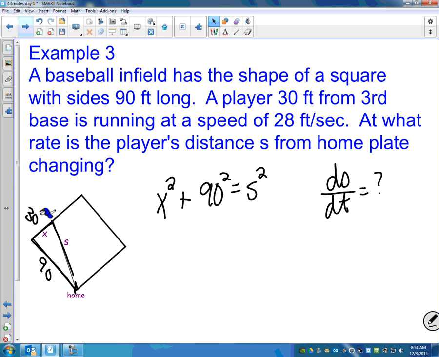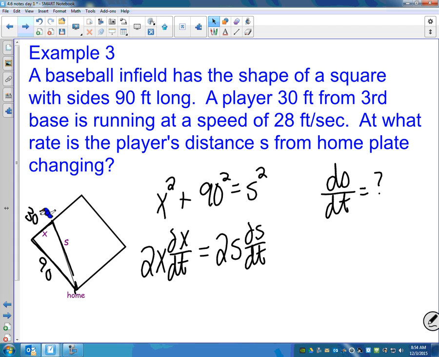Again, with respect to time, so let's take 2x dx over dt, plus, what's the derivative of 90 squared? 0, right? 90 is just a constant, it's a trick. Equals 2s ds over dt. With me on that?